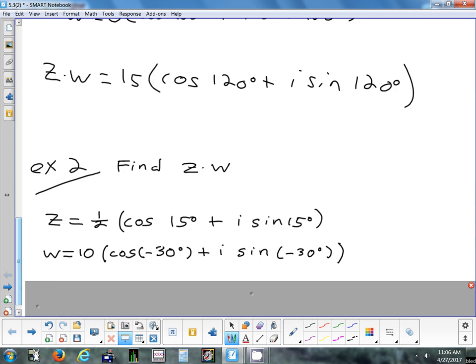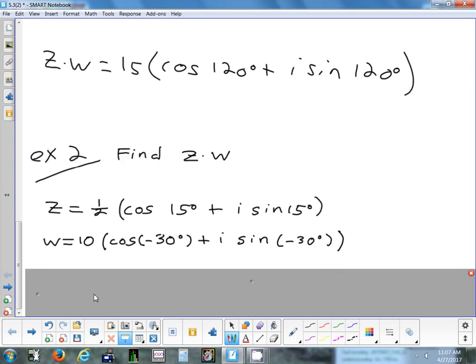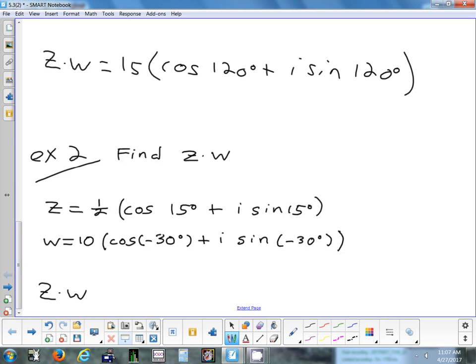And those are your two numbers you're working with. All right, so first thing we're going to do is find our radius. So Devin, when you do z times w, what do you get for the radius? 5. Yeah, you take 1/2 times 10, we get 5.